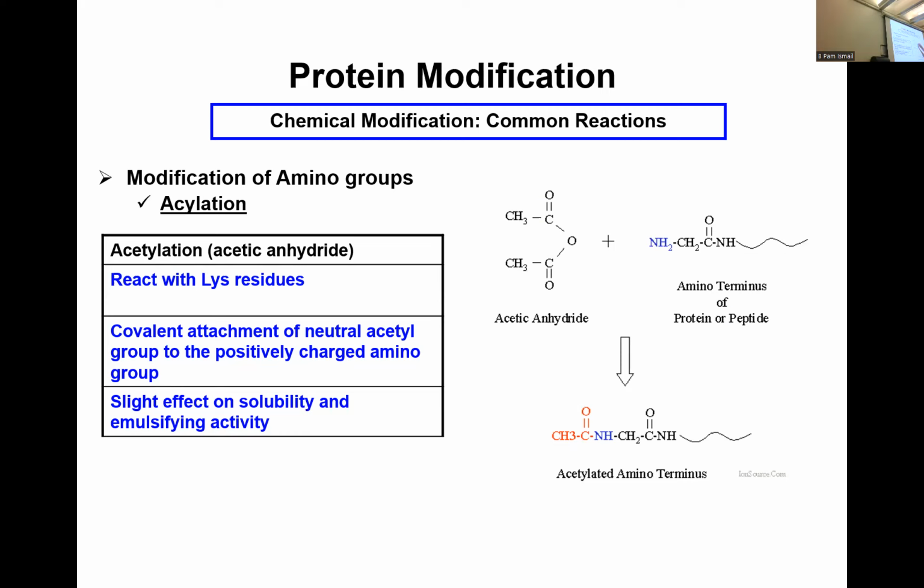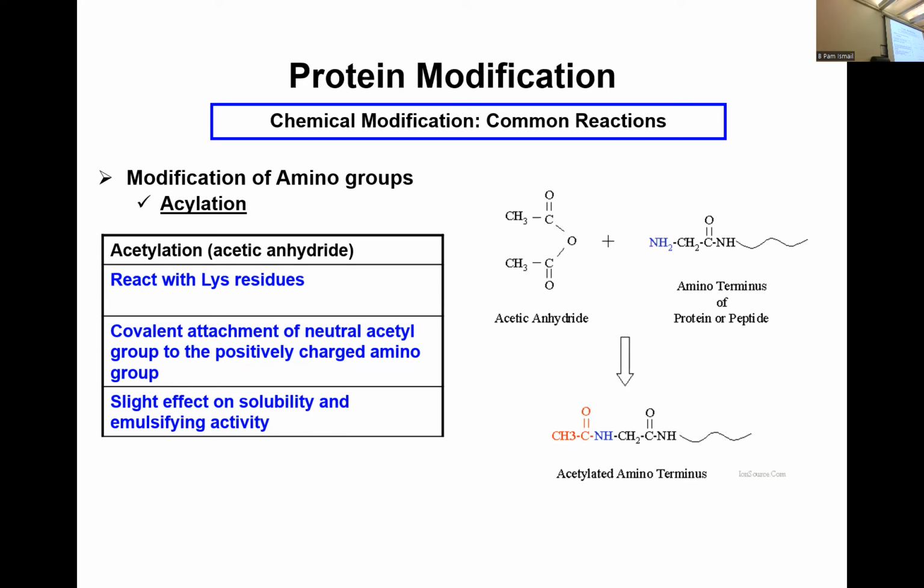So when you block it, you're actually increasing the net negative charge of the protein. You're not increasing the negative charge per se, because we are adding a compound that doesn't carry a charge. You're blocking a potentially positive charge. So you're basically increasing the net negative charge, which can potentially enhance solubility at a particular pH.